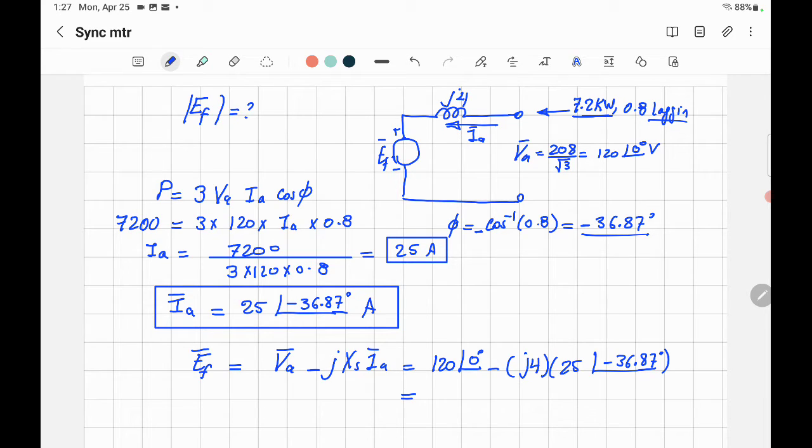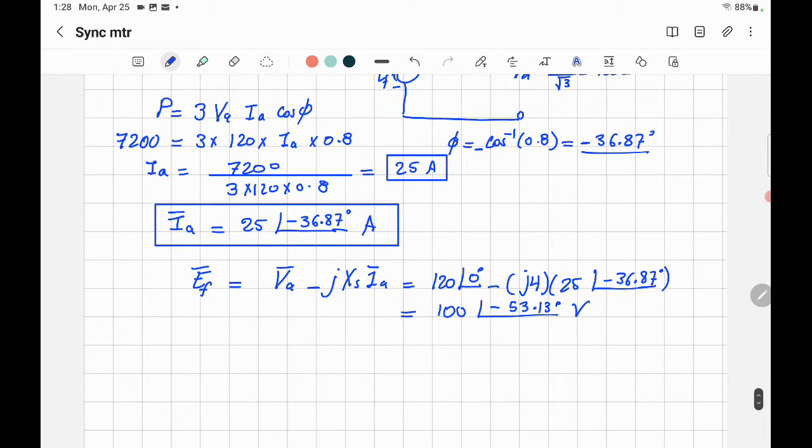And you evaluate this, I will get EF is equal 100 voltage and the angle is equal to negative 53.13 degree voltage. So that's the excitation voltage, magnitude and angle. But if they ask about excitation voltage, they mean the magnitude, which will be equal to 100 voltage. So that's the first part.